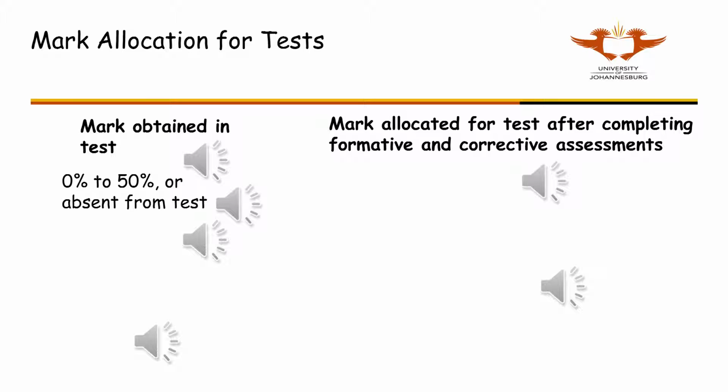Once you have done the formative and corrective assessments after failing or not writing a test, I am sure that you would be able to pass a similar test. The formative and corrective assessments therefore act like a supplementary exam, for which the pass mark is limited to 50%.